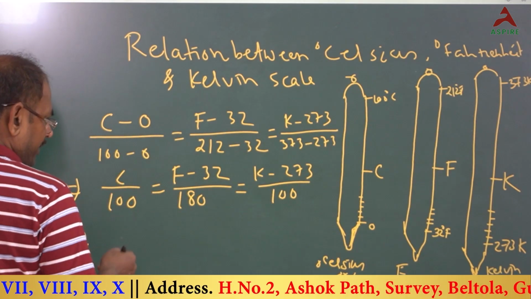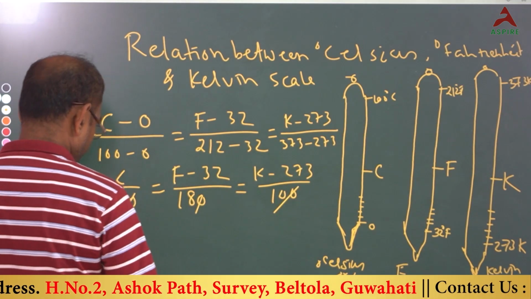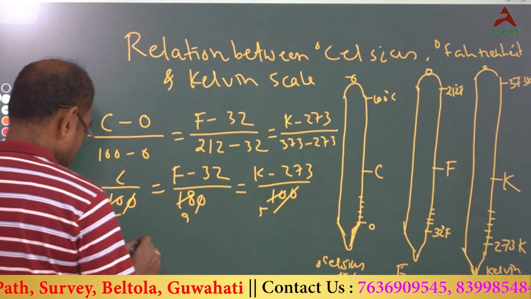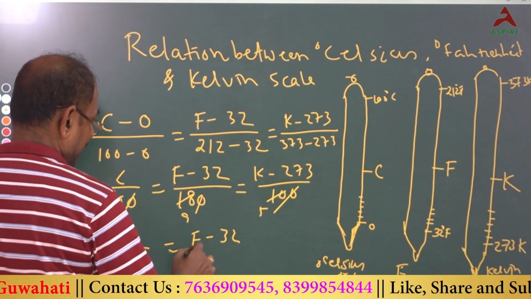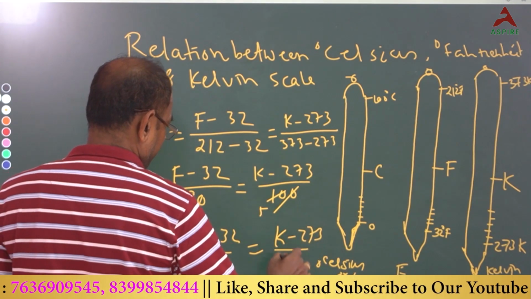Cancelling zeros and dividing, we get C by 5 equals F minus 32 by 9 equals K minus 273 by 5.